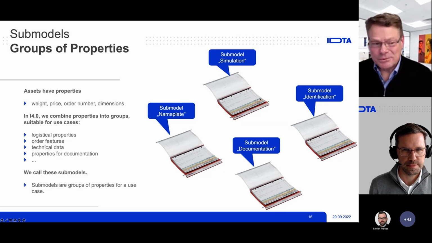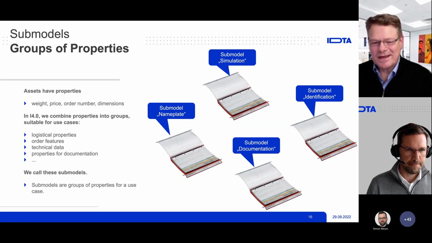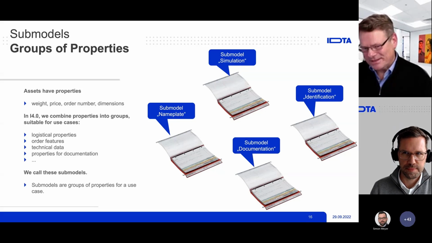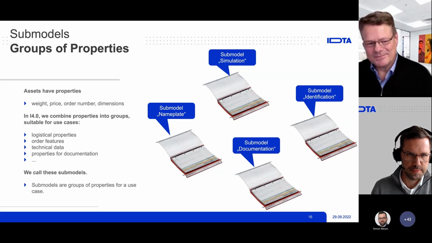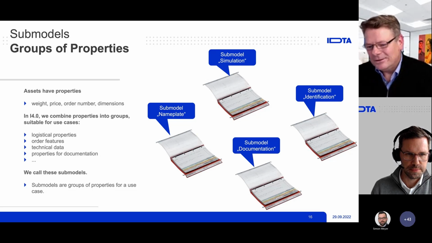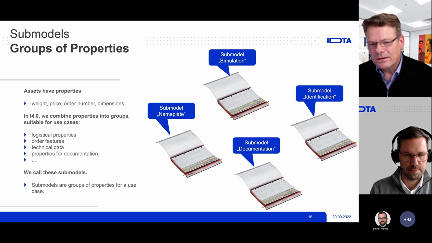And inside the submodel, you can have properties, but we are using the word property in a very wide way. So you can invoke methods, you can send out events, you can read and write data collections, and so on. But they are not addressed in the Verwaltungsschale in German, the AAS, but they are within the submodels.